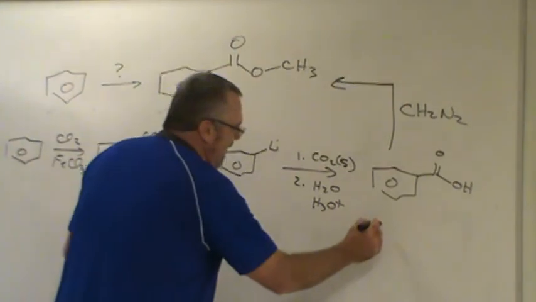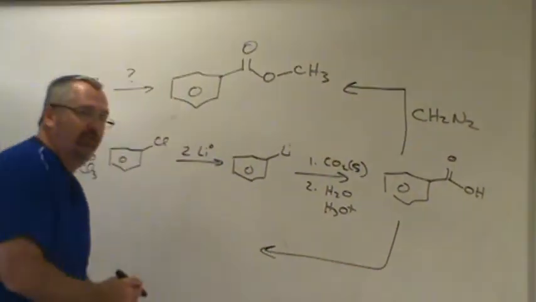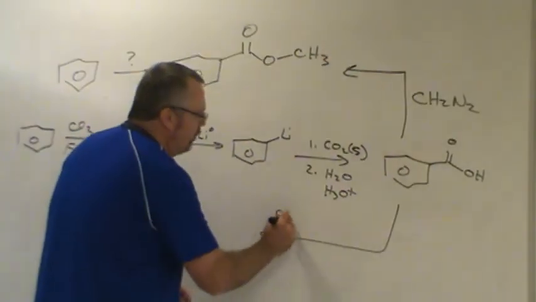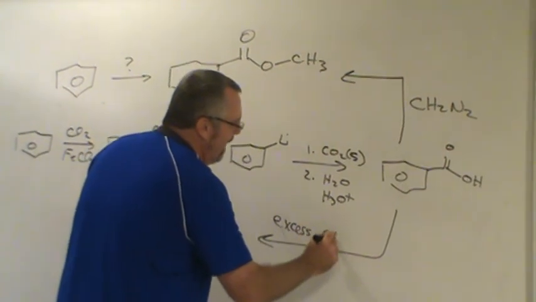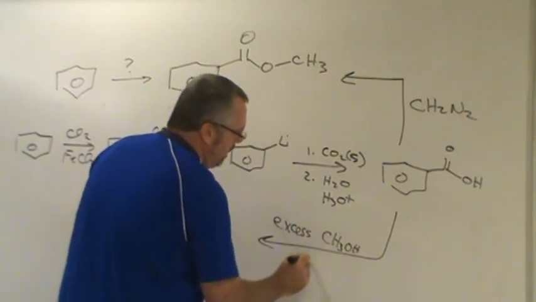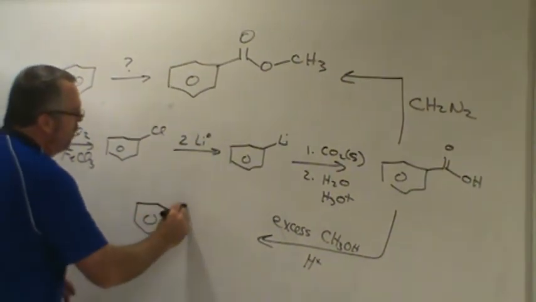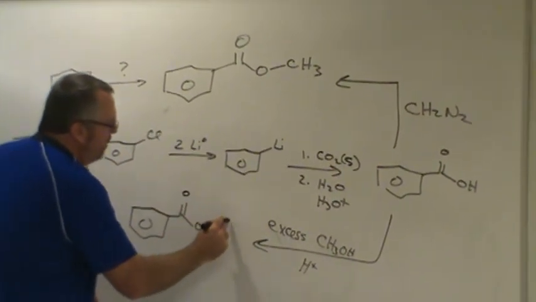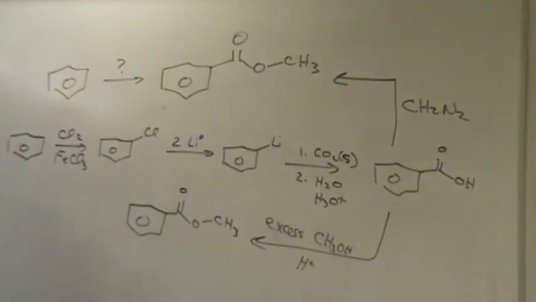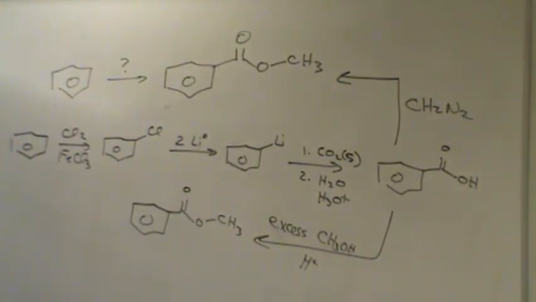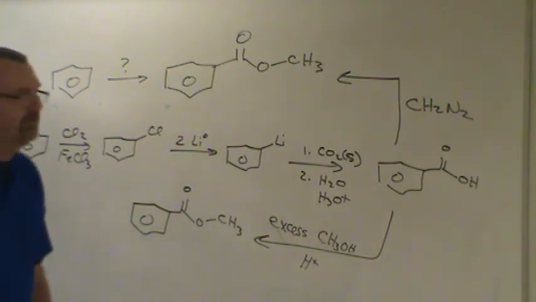But it should be pointed out that you could also do this through a Fischer esterification by using excess methanol under acidic conditions. You would produce the same product. So synthetically, you've got a couple of different ways to make methyl esters, and that's a good thing. They're important species.